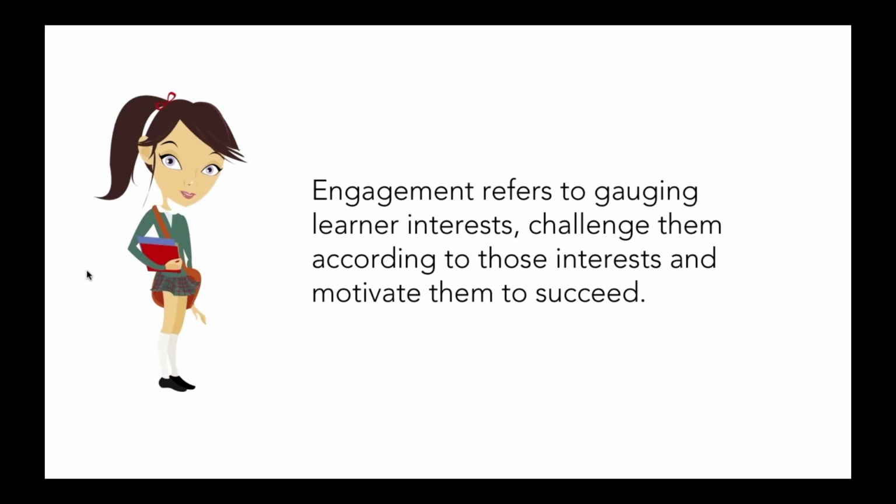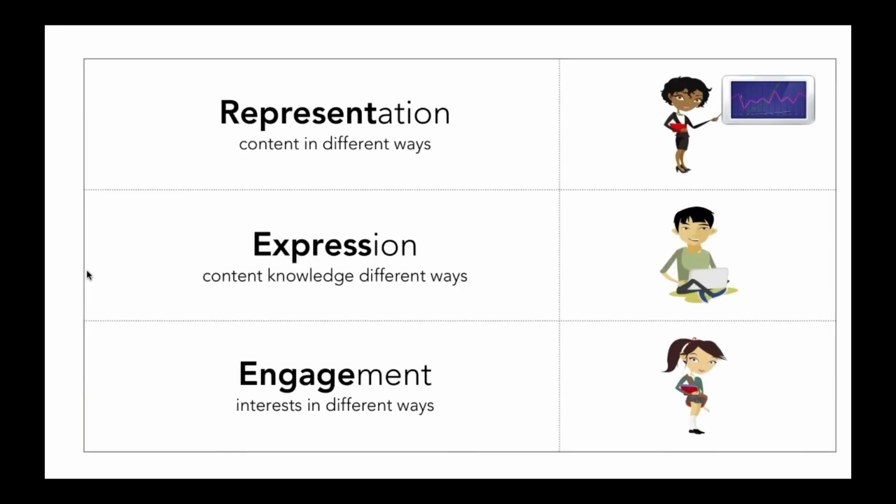Basically, representation, content in different ways, expression, knowledge in different ways, and engagement, interests in different ways. Because we know that some learn best by using technology, some by seeing, some by hearing, some by doing, and a lot of other ways too.